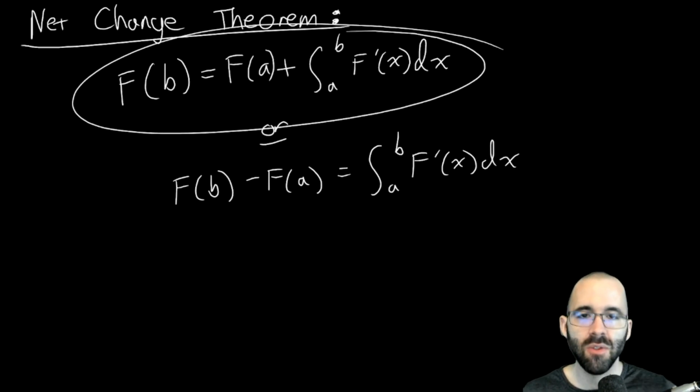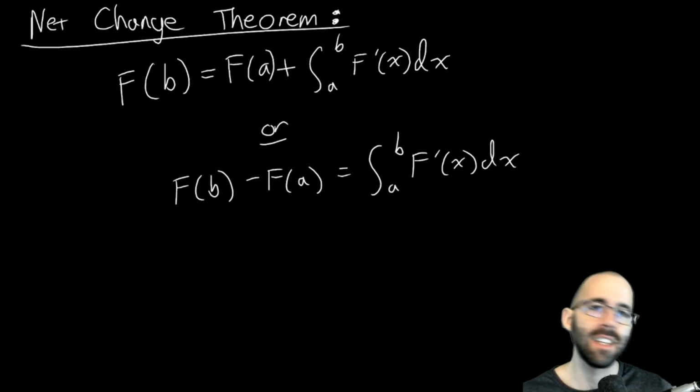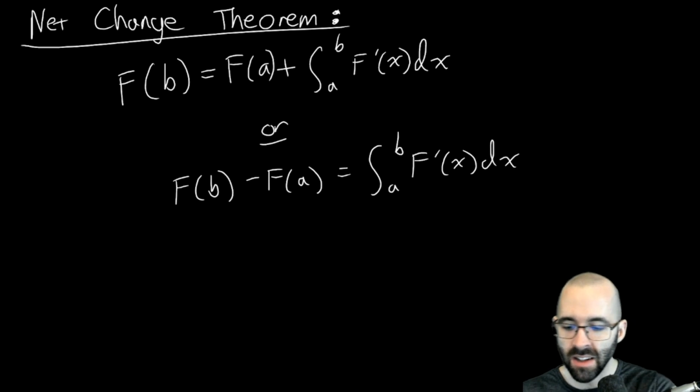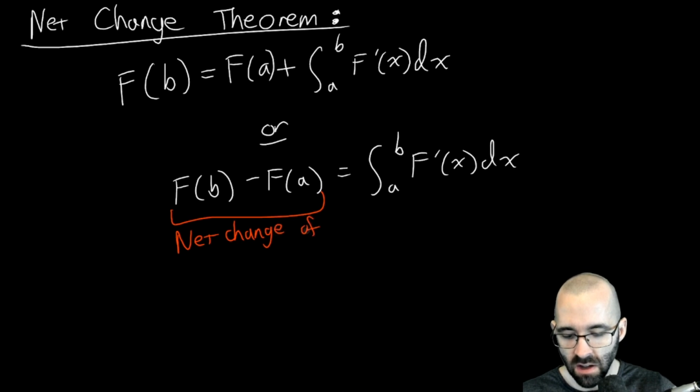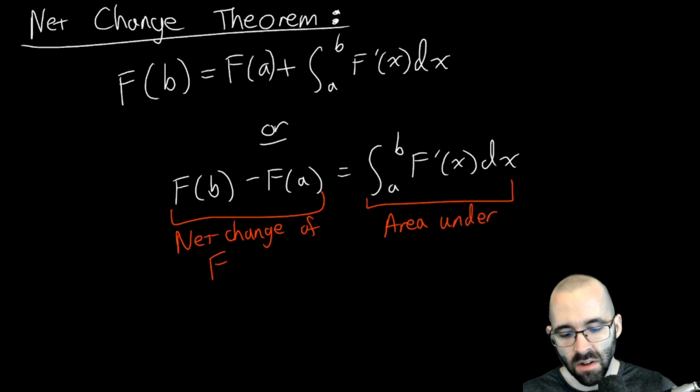Now, sometimes this form will be more useful, especially when we do initial value problems and stuff like that. But really, it's the exact same theorem. Okay, so this basically says the net change of f is just the area under the curve of its derivative or rate of change.